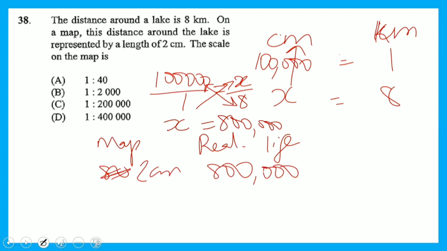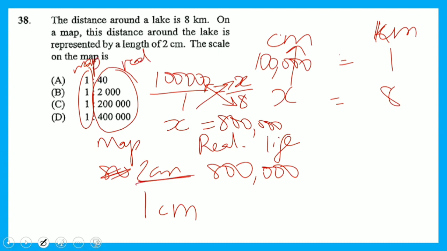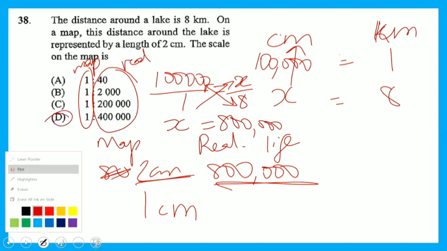All right, so if we want to know what 1 centimeter represents, and that's what we're being asked here, to say how much 1 centimeter on the map represents in real life. All right, we know what 2 centimeters represents. All we need to do is divide 800,000 by 2. And what will we get? 400,000.